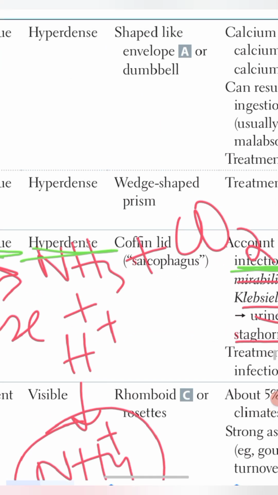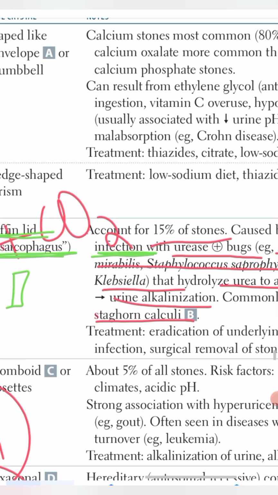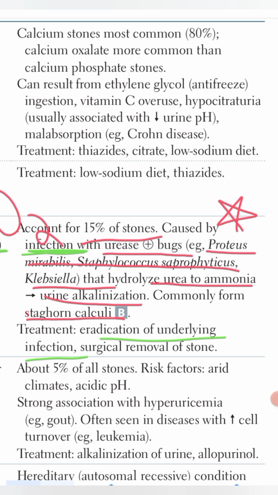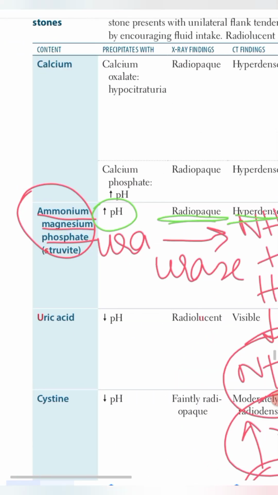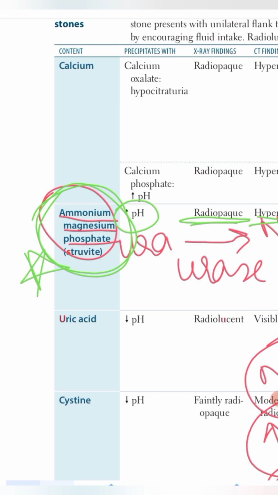And on urine analysis, the crystals we see will be like a coffin lid, sarcophagus, in the form of a coffin lid. If we want to treat this, we will give antibiotics to treat the infection, and we can decrease the pH of the urine, but they are large, they cannot pass, so we have to remove them surgically. So that was all about ammonium, magnesium, phosphate, that are also known as true white crystals.